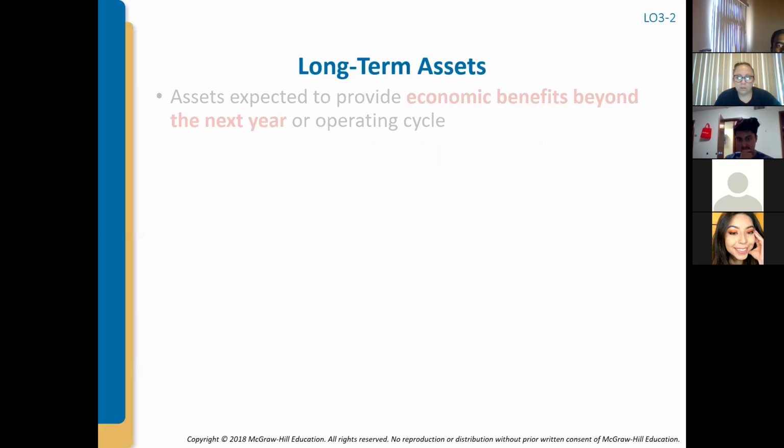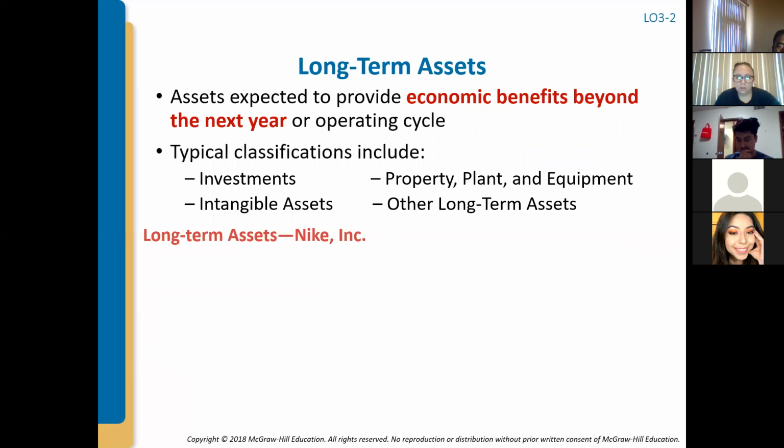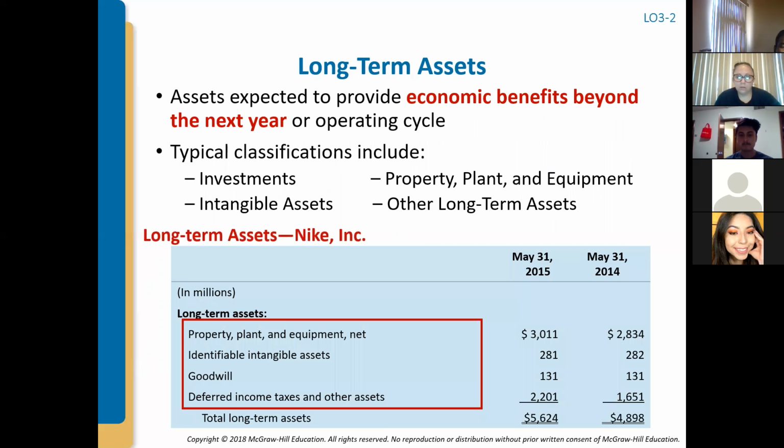Okay, long-term assets. These are the assets from which we expect economic benefits beyond the next year or the operating cycle. For example, property, plant, and equipment, identifiable intangible assets, goodwill, deferred income taxes, and other assets.